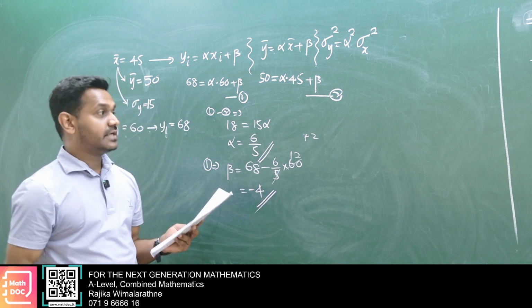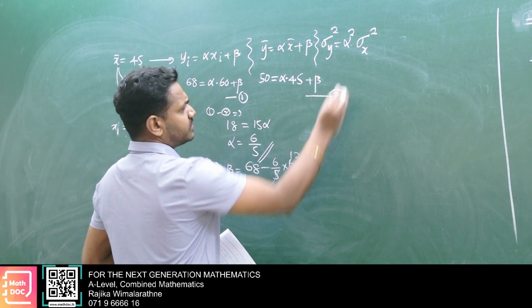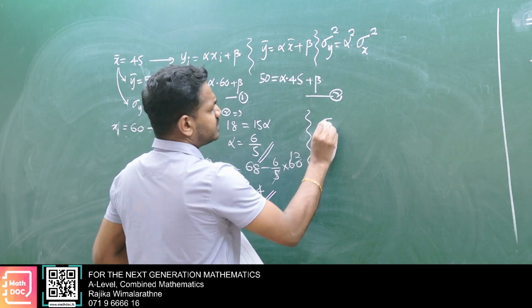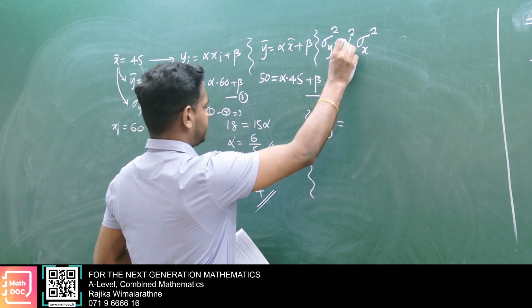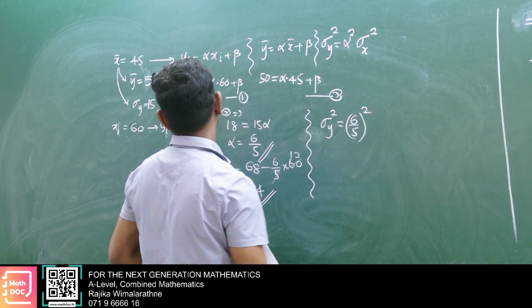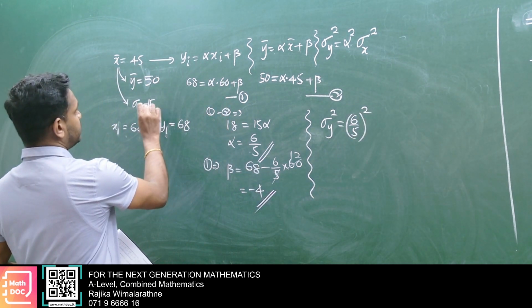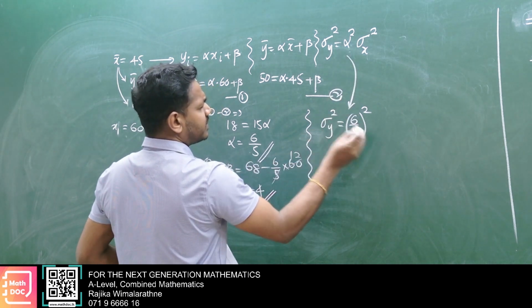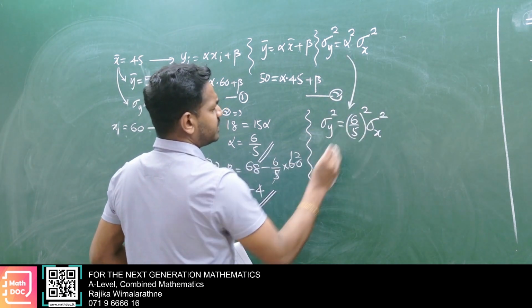Now we have to find the new variance: 15 squared equals (6 over 5) squared sigma x squared.